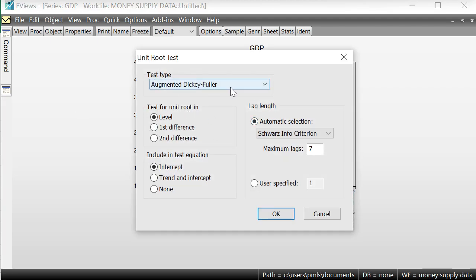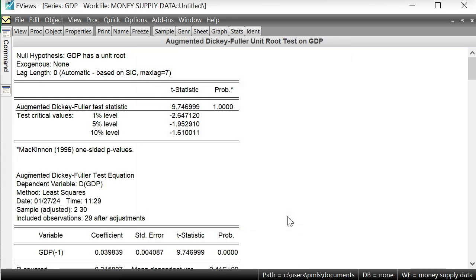There are basically two formal methods: Dickey-Fuller and Augmented Dickey-Fuller. Augmented Dickey-Fuller is already selected. First of all, you need to check it at level and at none. The thing is that you should reject your H naught when your probability is less than 0.05.